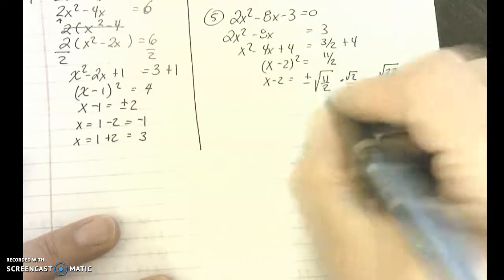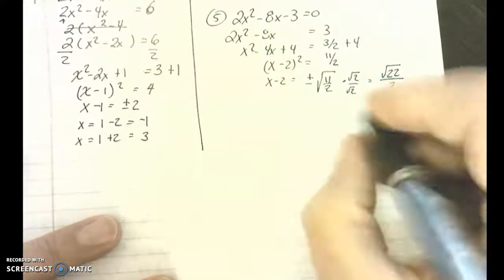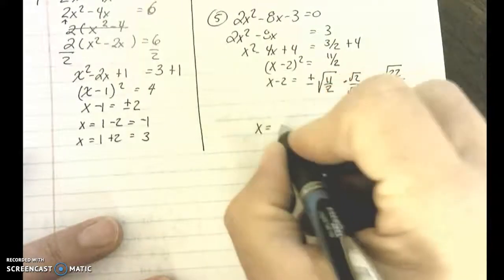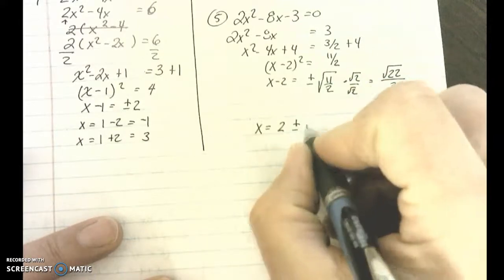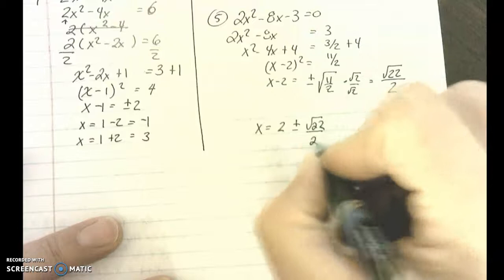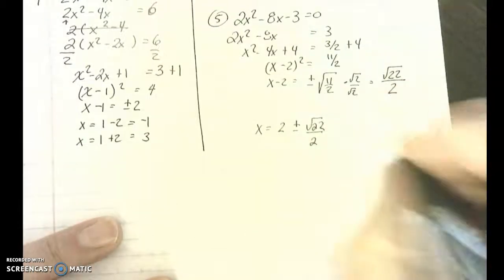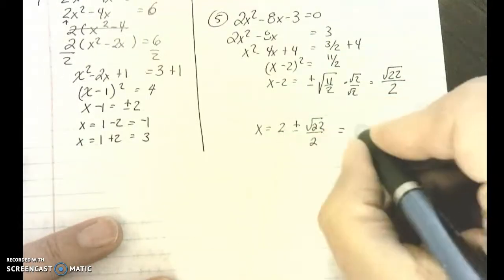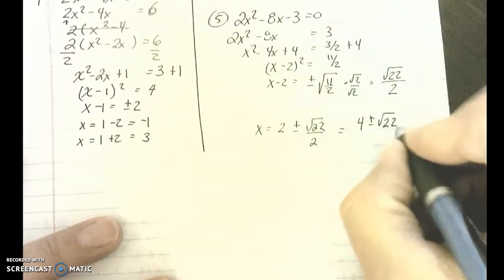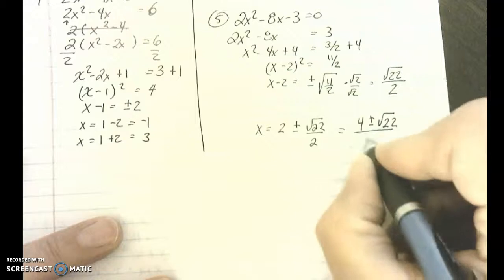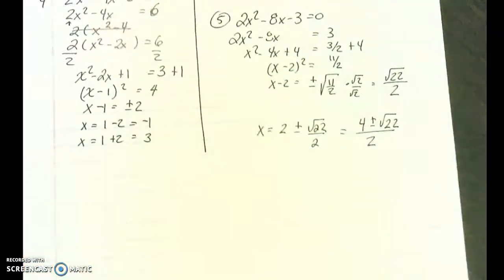I have a pair here, so it just becomes 2. And then I'm going to add 2, which gives us plus or minus radical 22 over 2. And we want to try and get this under the common denominator, so I'm going to multiply this by 2. So I get 4 plus or minus the square root of 22, all over 2, with time to spare.